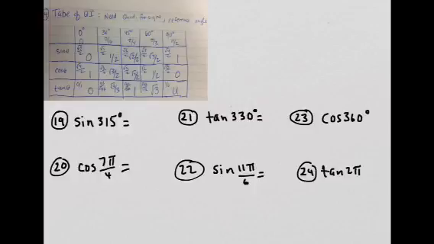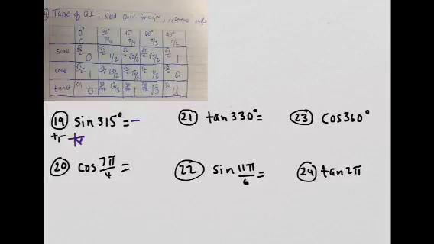So 315 for number 19. 315 is quadrant 4. So we know in quadrant 4 the signs are positive and negative. So that means that sine is going to be negative. So my answer is negative. And for 315, well, to get from 315 to 360, this angle right here is 45 degrees. So I'm going to look at this column.